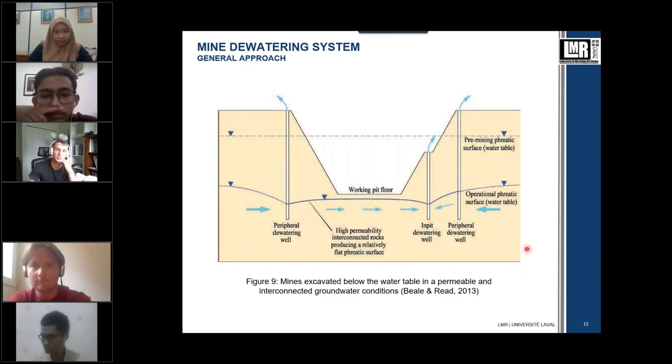To achieve this gain in stability, vertical, peripheral, or in-pit dewatering wells, horizontal drains, or joint cementation, if possible, could be used in the pit to manage the groundwater condition.